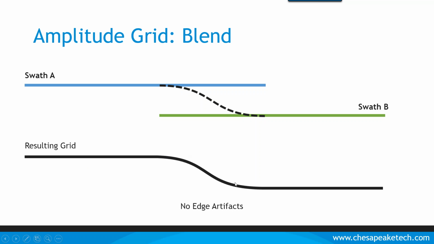This is actually the best algorithm to use if you're doing habitat mapping and you want to minimize the differences between overlapping lines. It very effectively eliminates the edges between every track line. It doesn't eliminate nadir, but it does eliminate the outside artifacts.